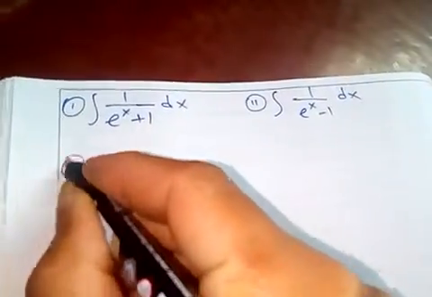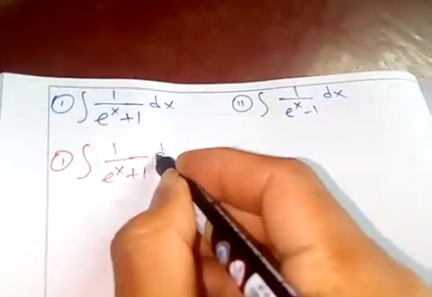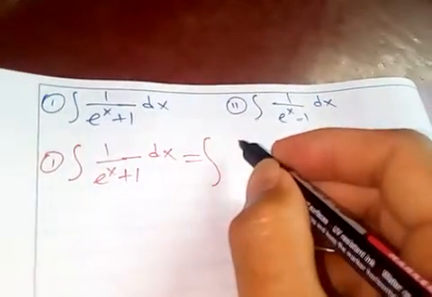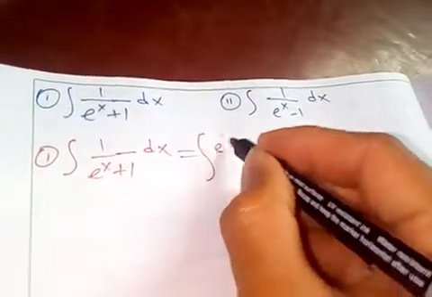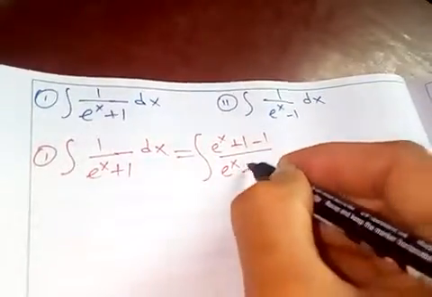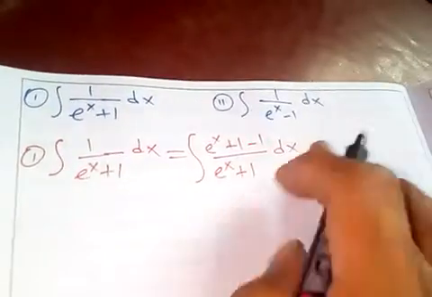Firstly, for Roman number 1, the integral of 1 over e to the x plus 1 dx. This one I can simplify as e to the x plus 1 minus e to the x over e to the x plus 1 dx.